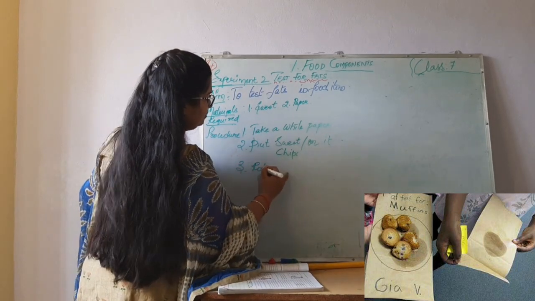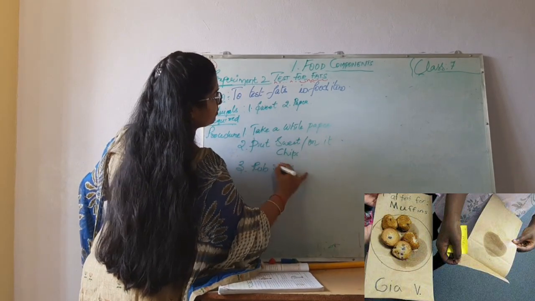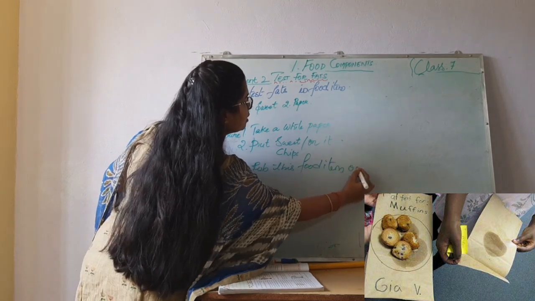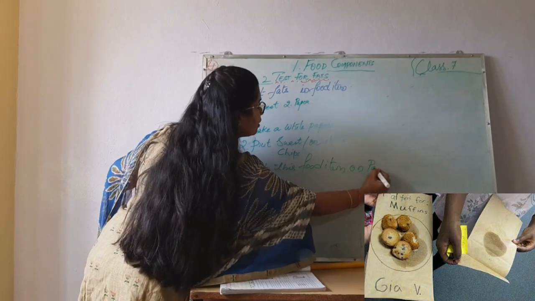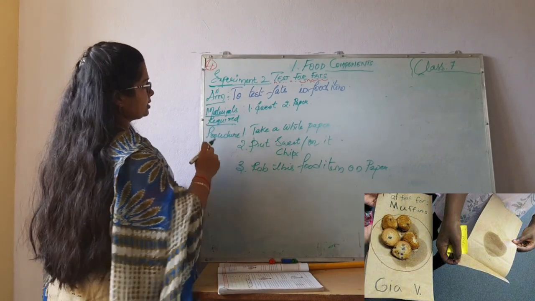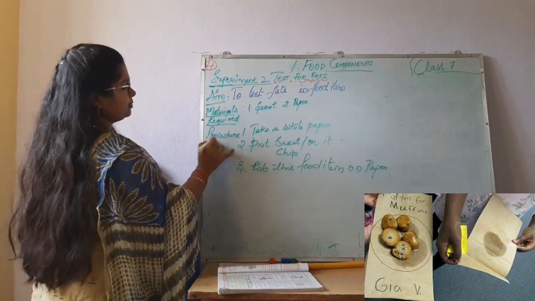Rub this food item on the paper. Aim, materials required, procedure completed, right?